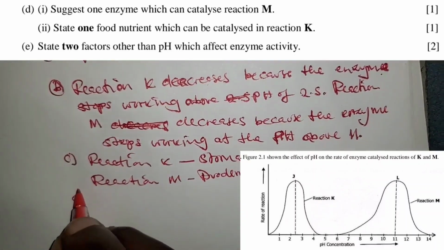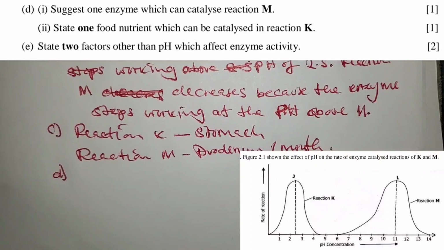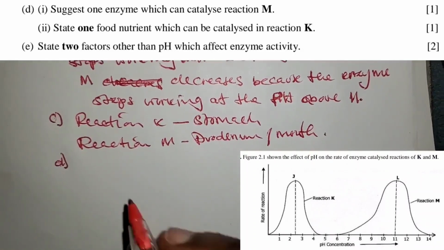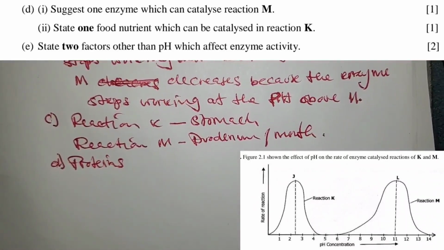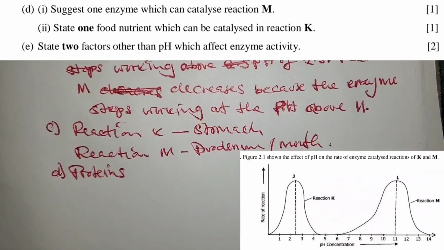Then D is saying state one food nutrient which can be catalyzed by reaction K. Food nutrient, those are proteins. Okay, proteins, because proteins are first digested in the stomach and the stomach is acidic.